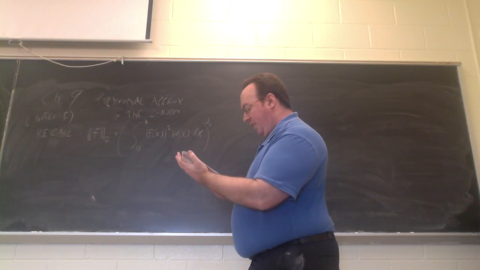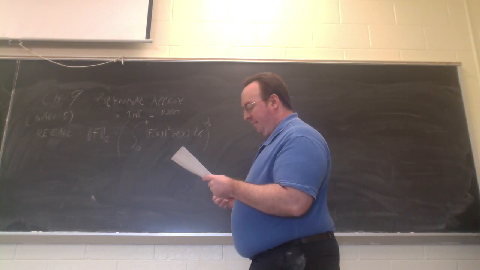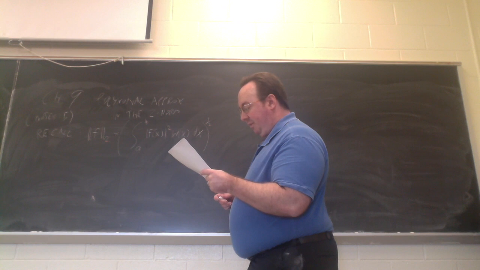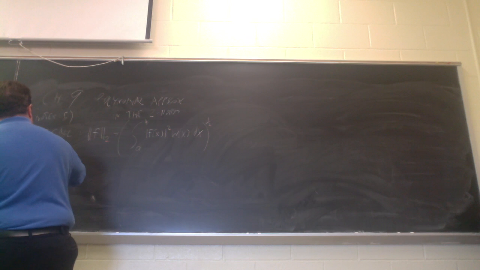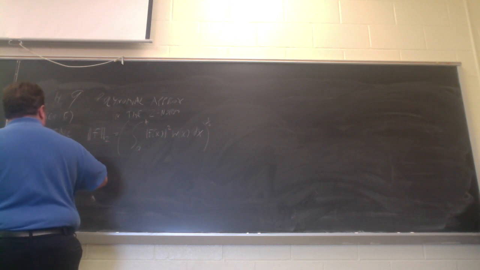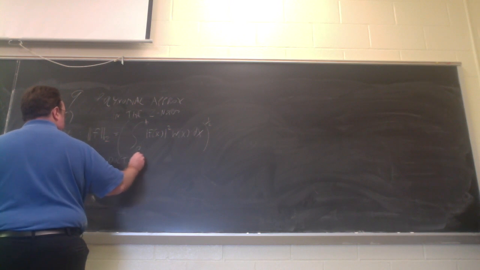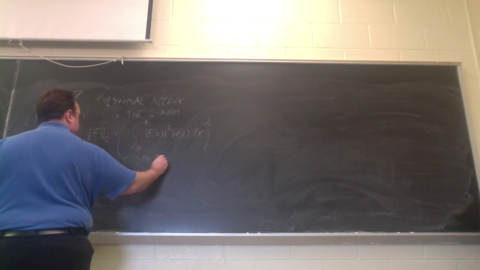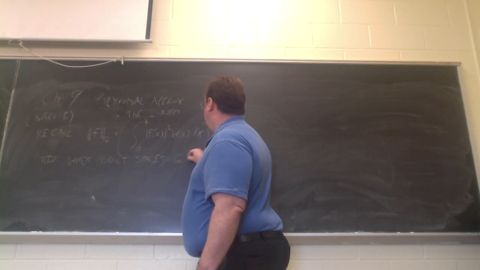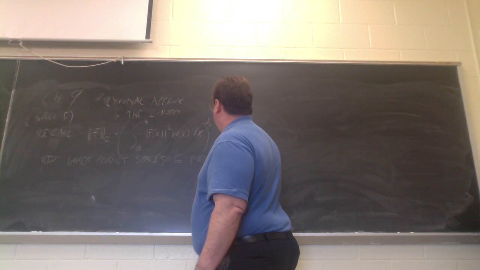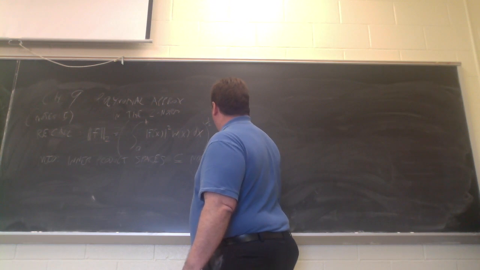But we need something more than that for best approximation within the 2 norm. So we need to discuss what are called inner product spaces, which would be a subset, if you will, of normed spaces.